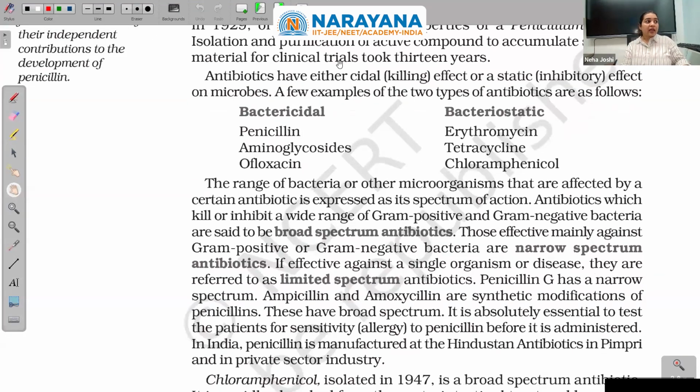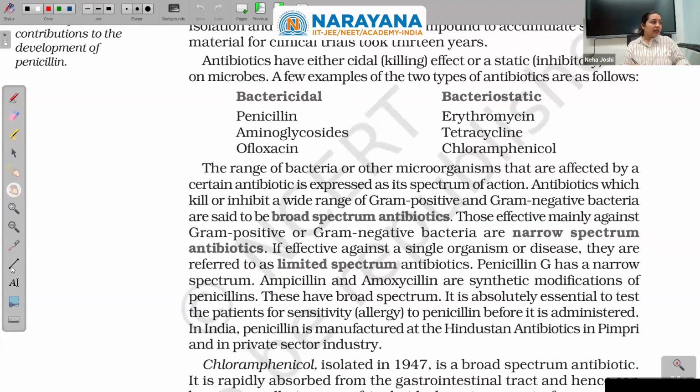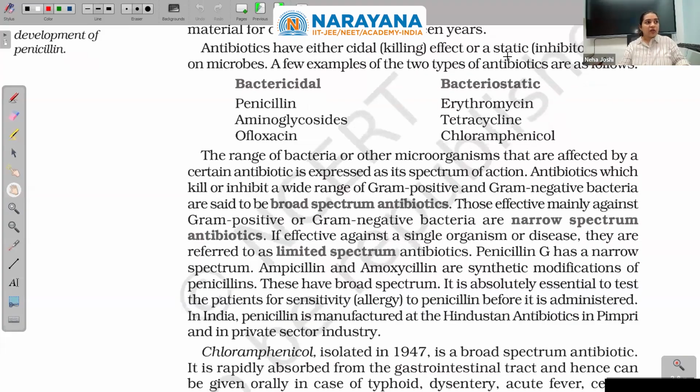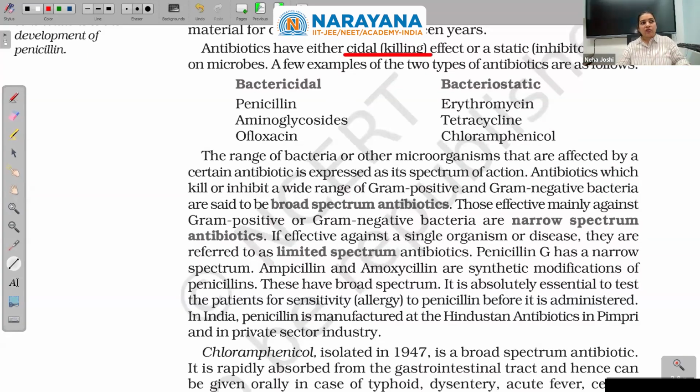Antibiotics have either a cidal effect, that is, a killing effect, or a static, inhibitory effect. Either they will kill the entire bacteria colony, or they will have some inhibitory effect so that the bacteria will be less effective. A few examples of the two types of antibiotic are as follows: bactericidal and bacteriostatic.